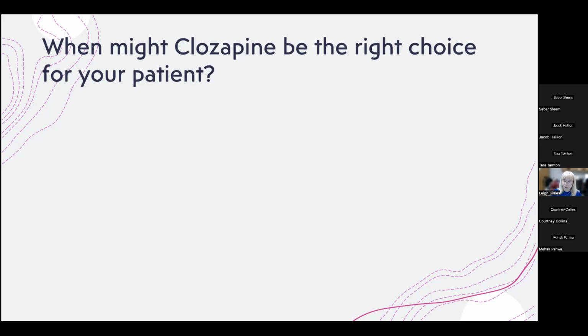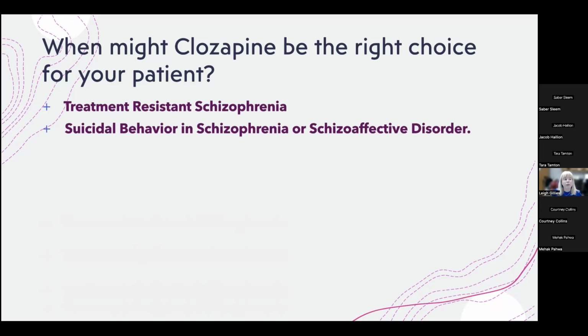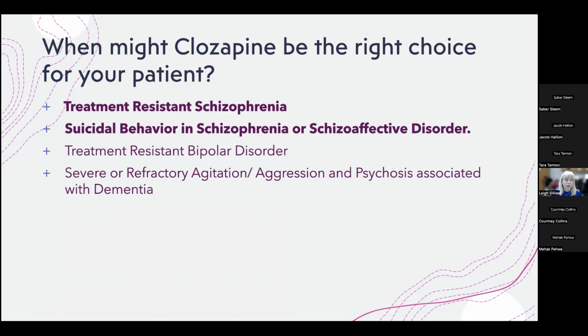Well, treatment-resistant schizophrenia and sometimes treatment-resistant bipolar as well. Yeah. And so those are the primary indications that you're going to most commonly see clozapine started for your patient is the treatment resistance, and then also the suicidal behavior in schizophrenia and schizoaffective disorder, and the treatment resistant bipolar.